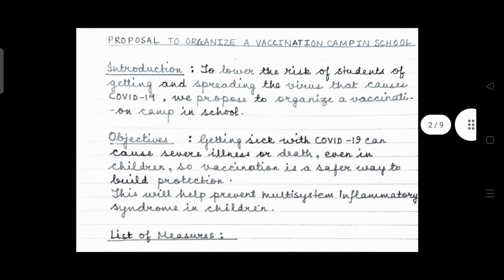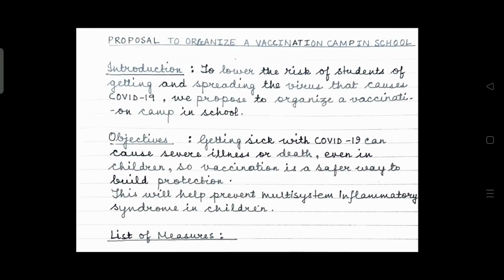You will have to mention 2 objectives. You can write the 2 objectives in a single paragraph, or you can change the paragraph. You can use 2 paragraphs to write 2 objectives. Don't use bullets here. Getting sick with COVID-19 can cause severe illness or death even in children.